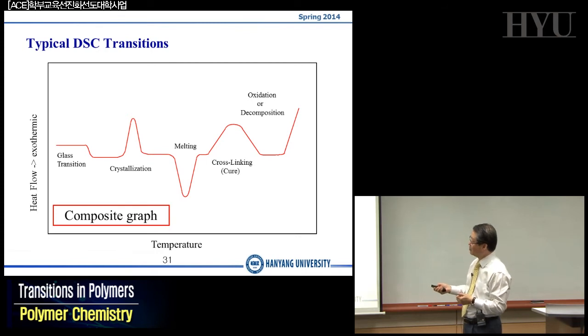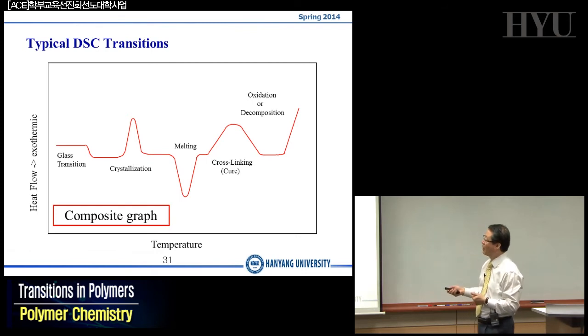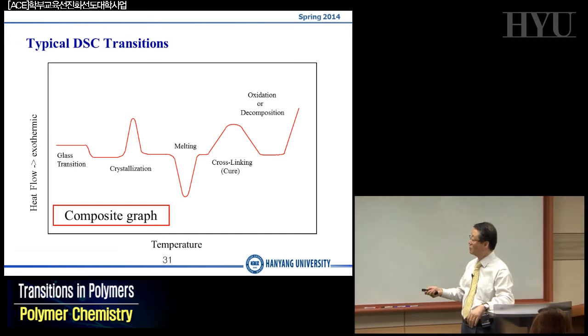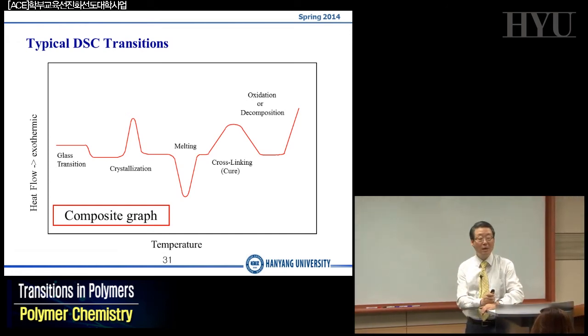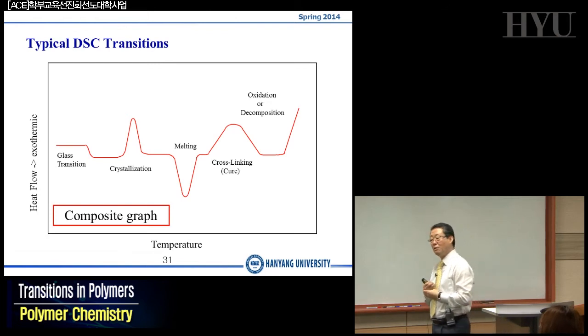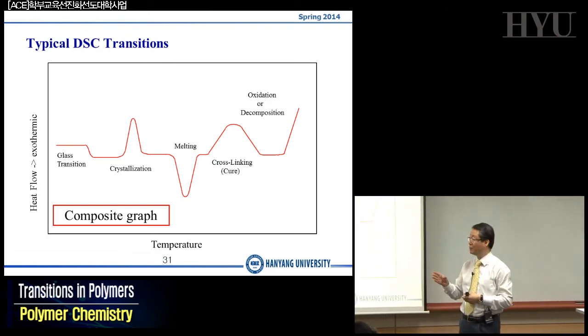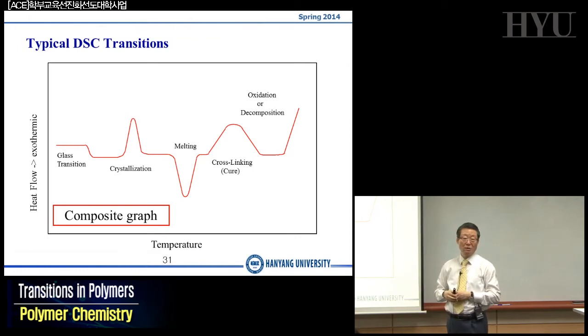Anyway, this transition is very typical, so that you can detect the glass transition temperature of the material using the DSC. Okay? Now, most polymers are very sensitive to these heat flows. However, in some polymers, it's not easy to detect the heat flow using this DSC.